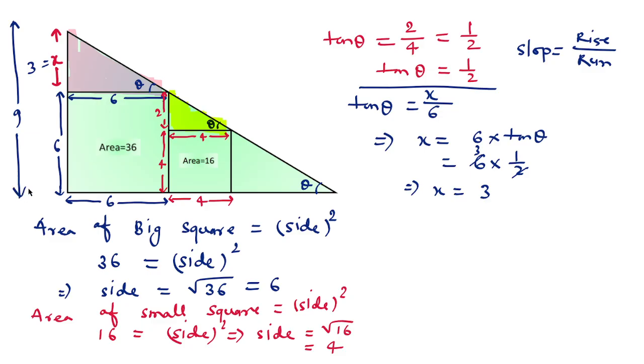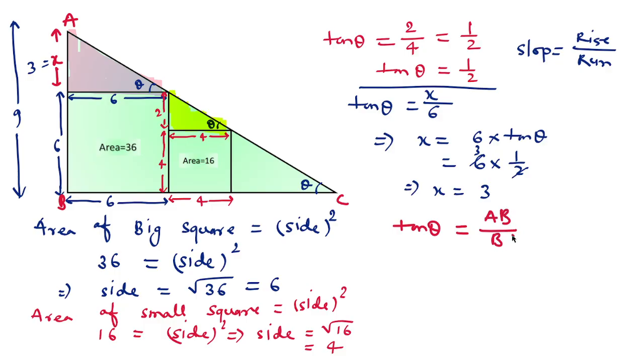Now suppose the base of this bigger right angle triangle is BC. So in right angle triangle ABC, tan theta is equal to AB upon BC.